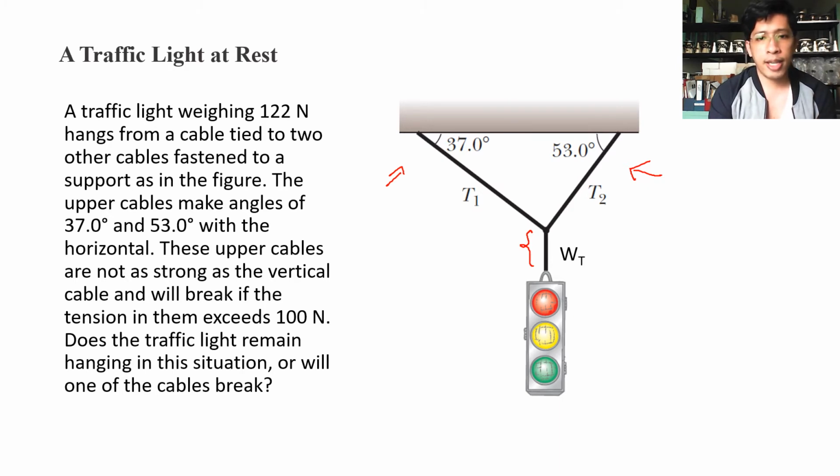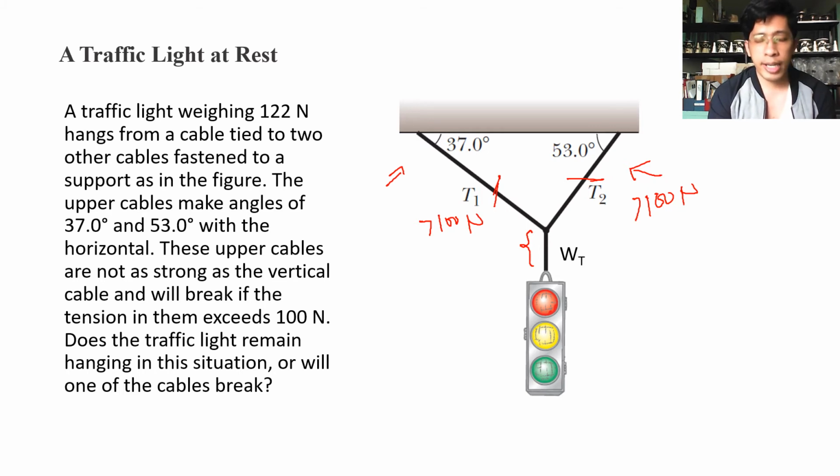So we can say that if the tension here is greater than 100 newtons, this will break. And the same for the second cable: if the tension exerted here is greater than 100 newtons, this will also break. So it's not as strong as your vertical cable.